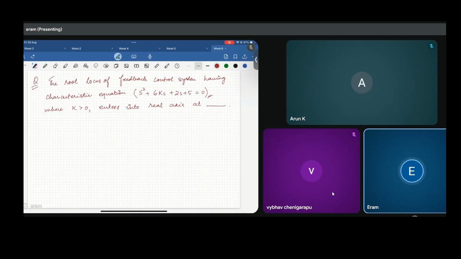Okay, to solve this question, first we need to figure out what is the open loop transfer function, then only we can proceed further.